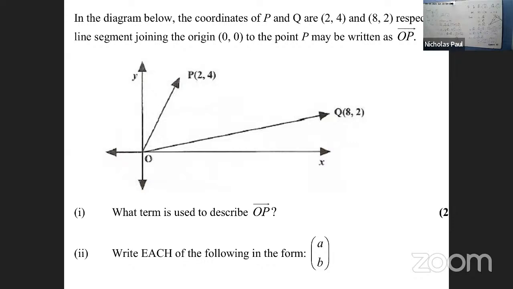Where do you think I'll put R? We had to figure out where R is. The question said OP is equal to RQ.